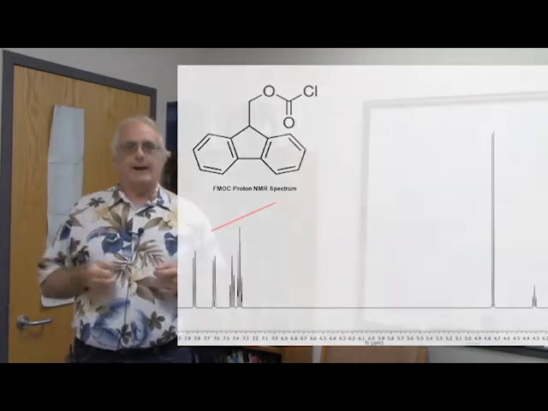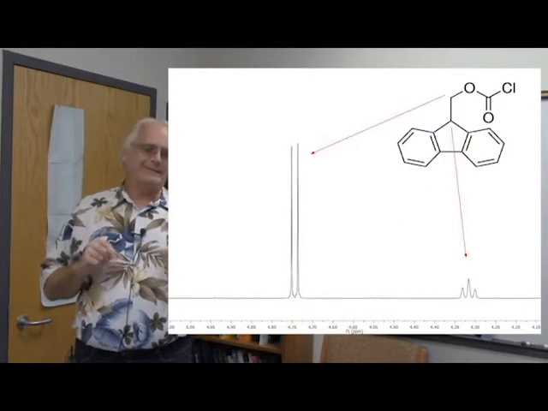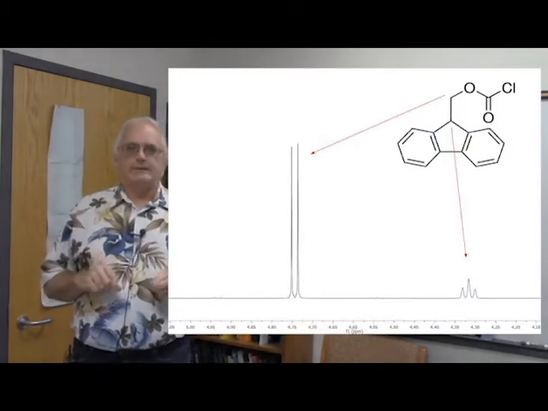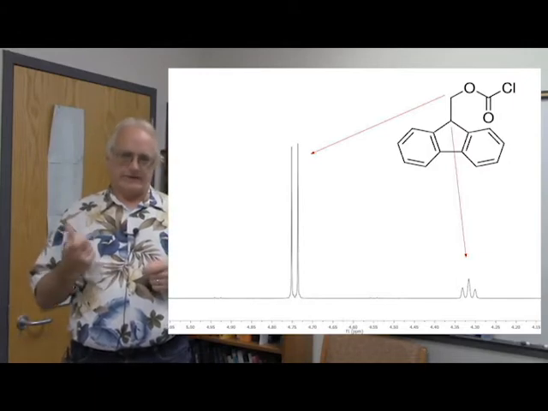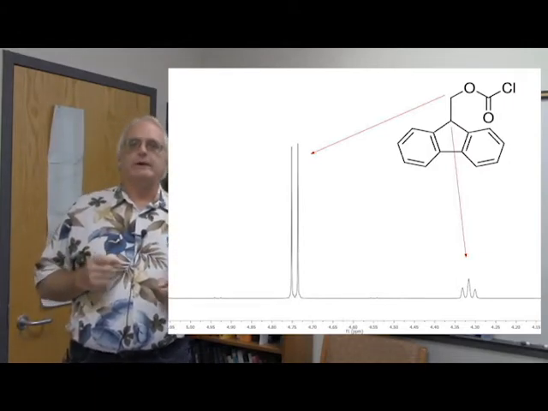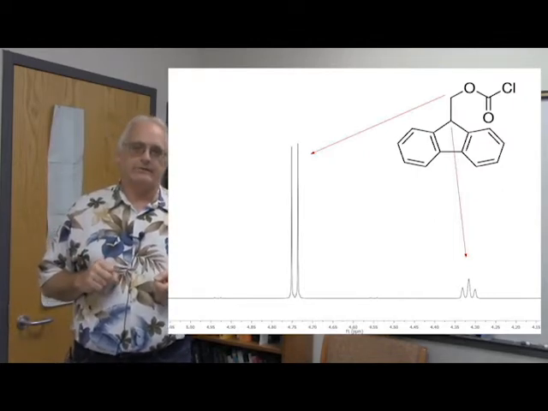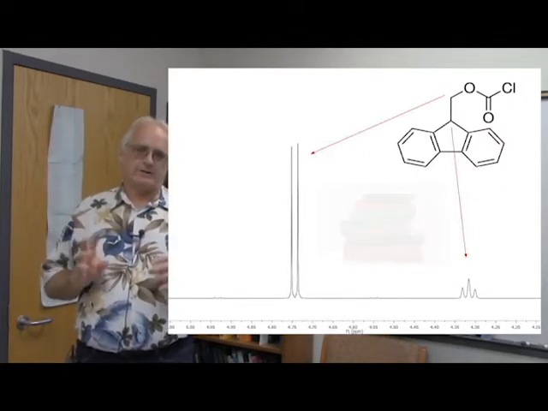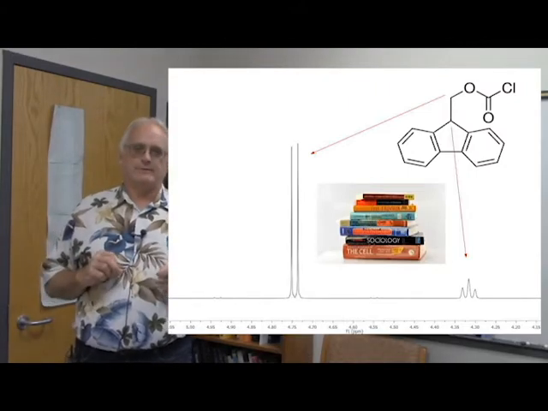And then we look at the non-aromatic parts, the CH, the CH2, and we see exactly what we would expect to see. We see a lovely little doublet, because of the CH2 group, the CH is right next door. We see a lovely triplet of the CH, because it has 2 protons right next door. If I were writing a textbook and I said, here's a textbook doublet and a textbook triplet, this would be the textbook example.